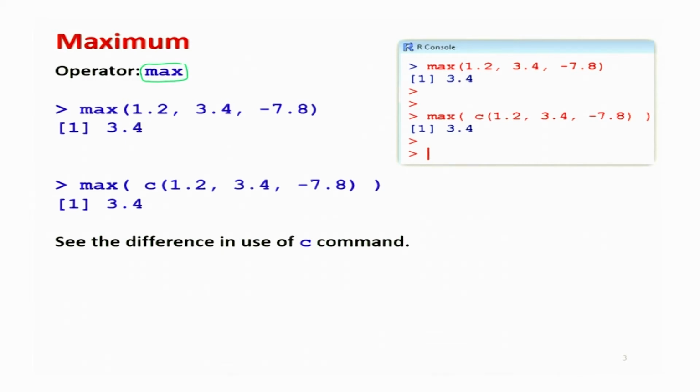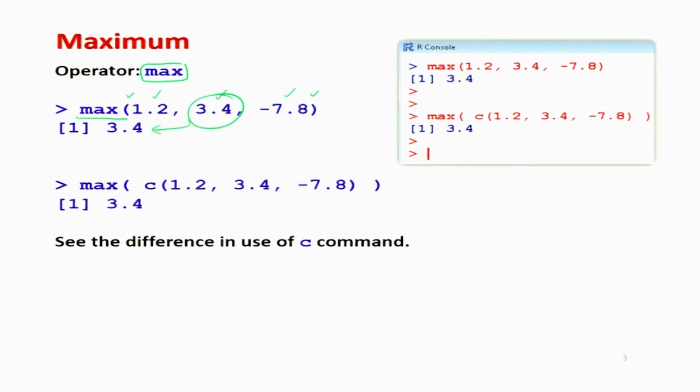I write max, and within the parenthesis I write the numbers among which I want to find the maximum value. Here I have taken three numbers, 1.2, 3.4, minus 7.8. The maximum value out of these three numbers is 3.4, so the output will come out to be 3.4.